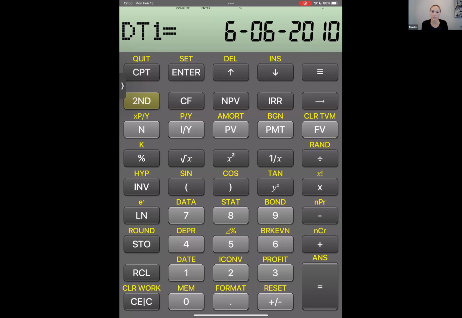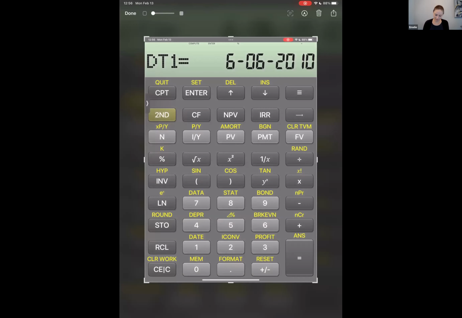So if I hit enter here, then it shows me that, okay, you meant 2010, right? And so here, I'm going to save that.